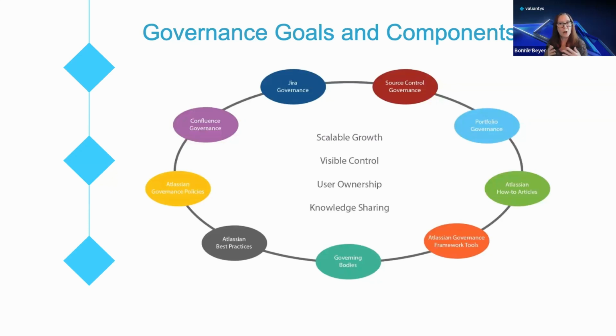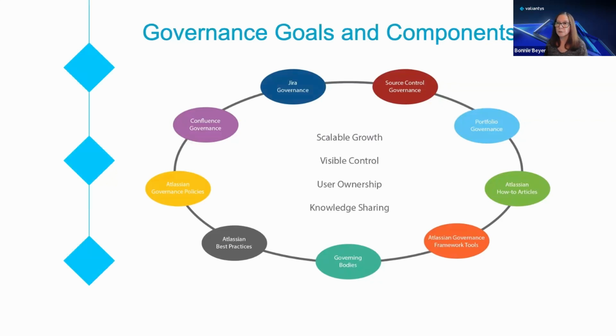We want to make sure that all of the governance board activities are fully transparent to all of the end users. That user ownership goes back to the idea of representation. Everybody that is in the tools themselves should not only be able to see things, but they should know how they can influence things.